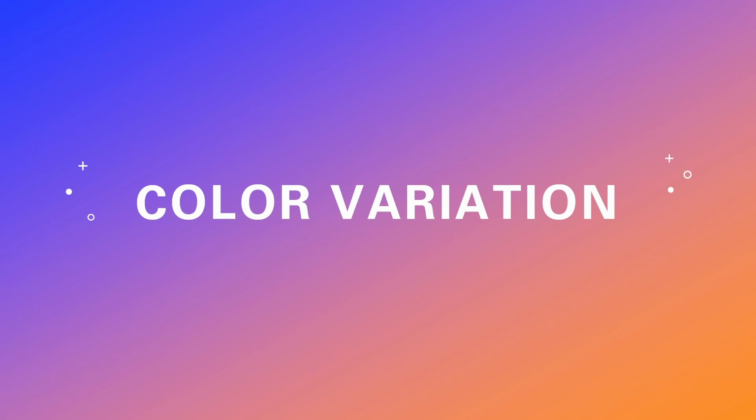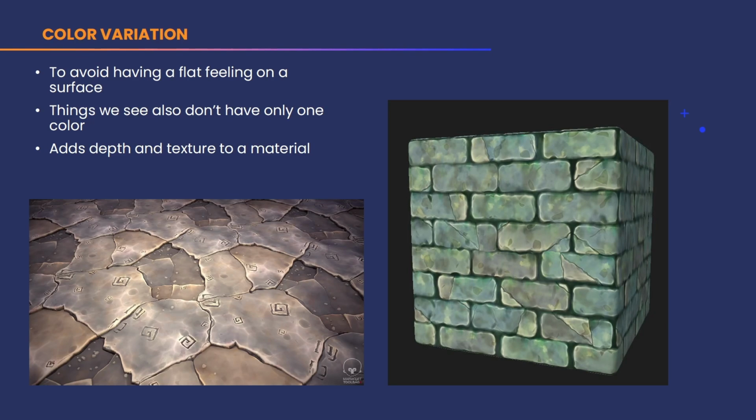So color variation. Color variation is for me something I always try to have in the textures I'm making. First of all, because I feel like it gives a more grainy feeling to the textures, which is more realistic.